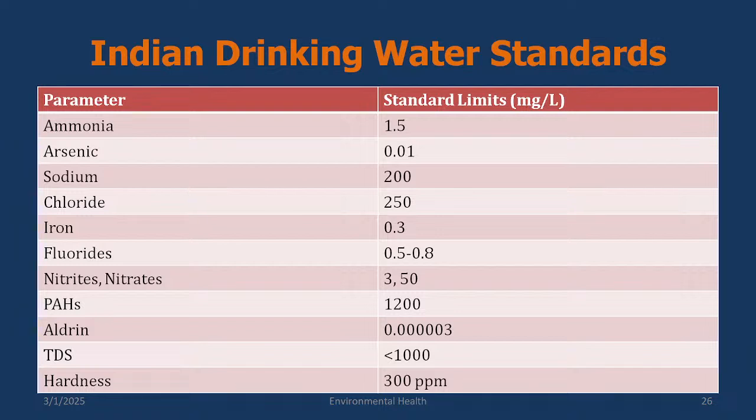In Bhopal usually the TDS is less than 200. So the usual water which comes after treatment in our hostels or homes in Bhopal is quite tolerable, in the better spectrum in that sense. There are standards for sodium and chloride also, and iron also.